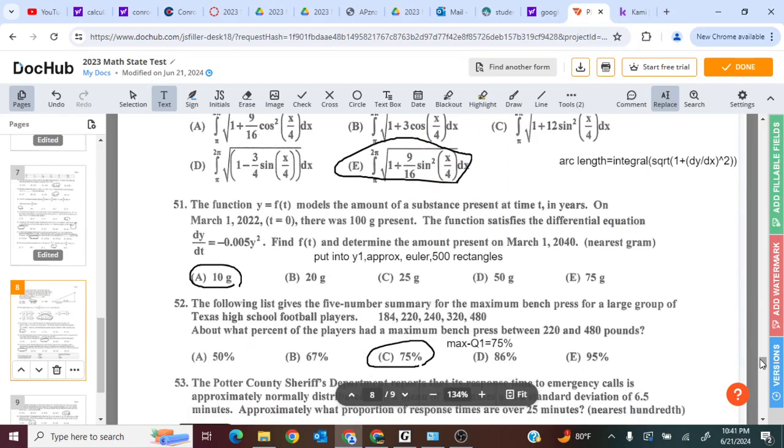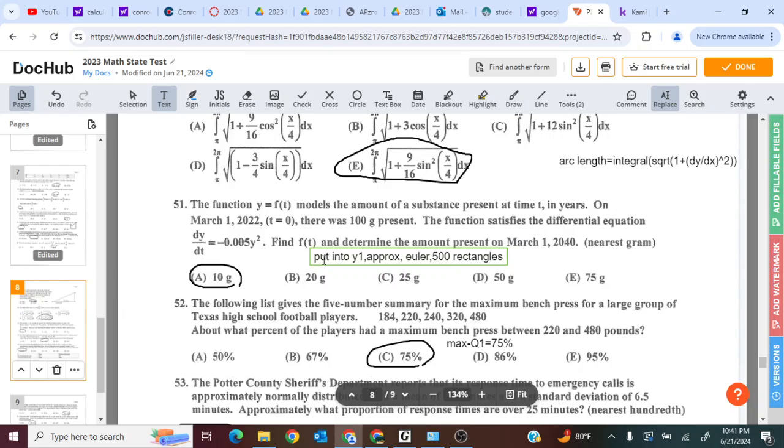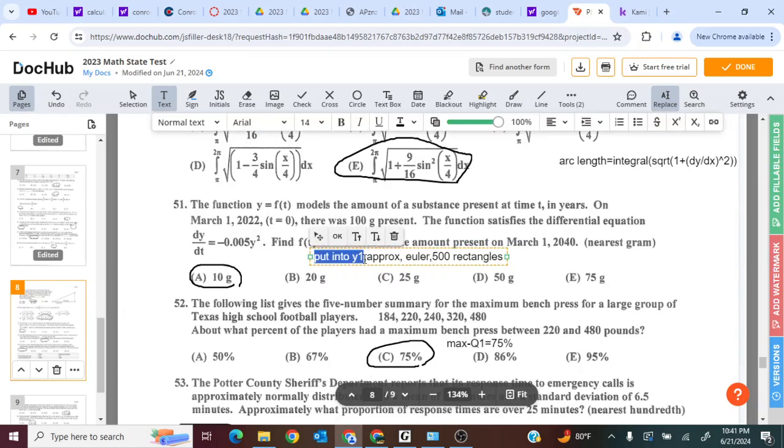51. dy over dt is equal to -0.005 y squared. Find the amount where y is the amount present, and find the amount in 2040. I'm going to be real with you. I can definitely write this in y equals, but that is a waste of time. What we can do instead is use a program.